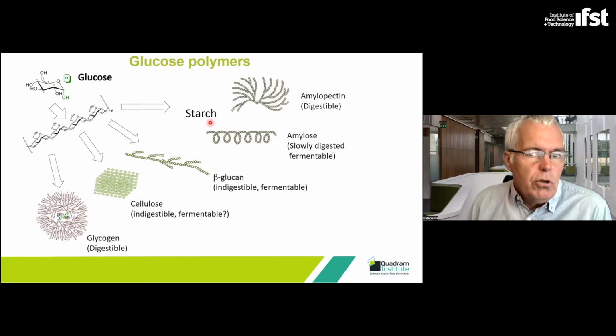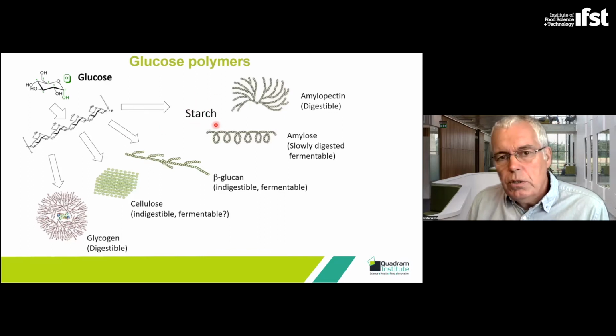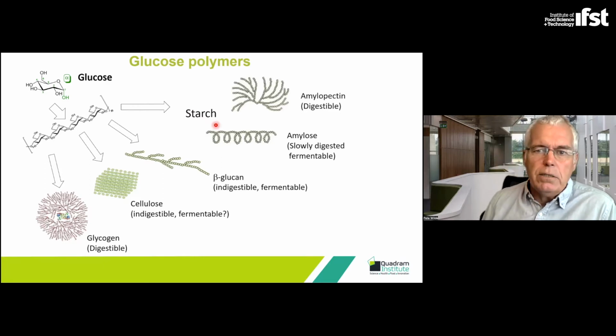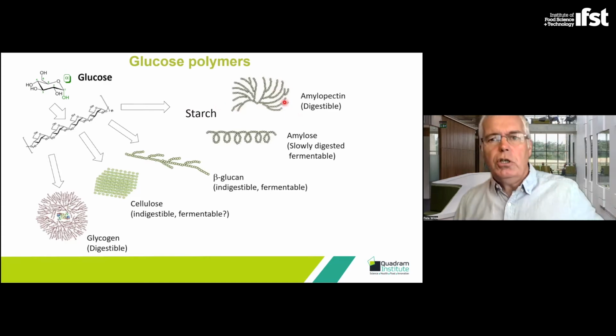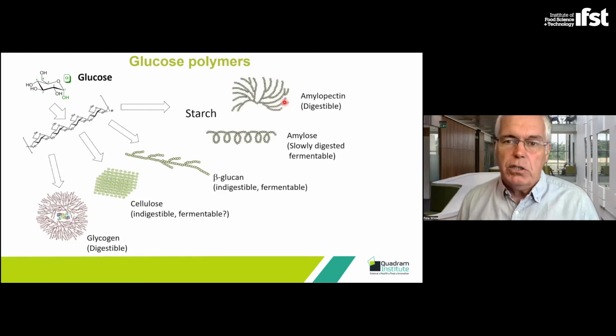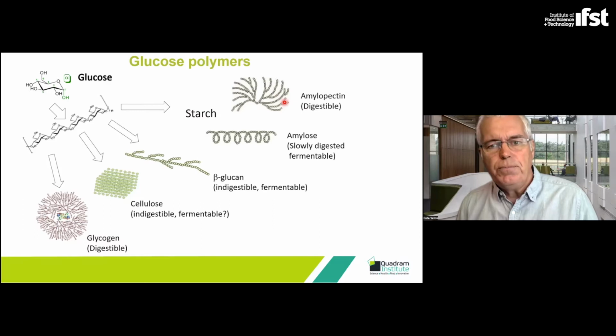So most of the glucose we consume is in the form of starch, which is the storage organelle in plants, and that can be in the form of amylopectin, which when cooked gelatinizes and forms this really open structure, which is very digestible and provides much of the glucose in our diet.